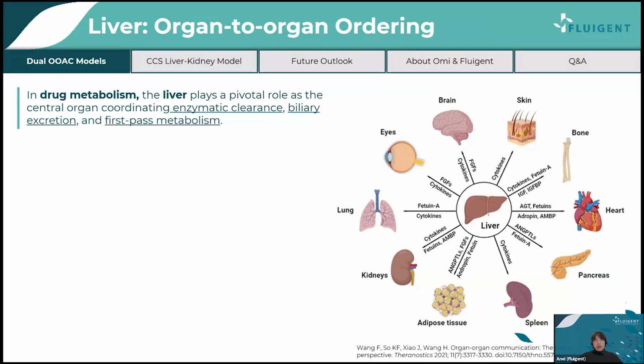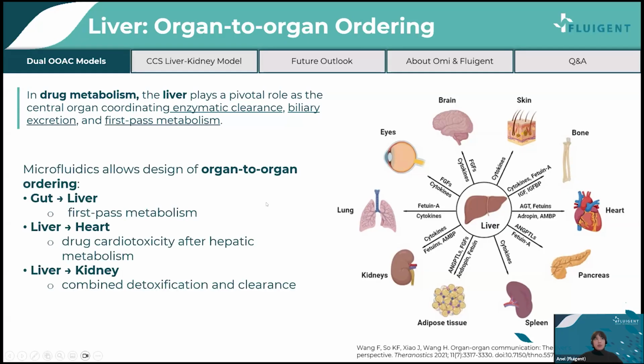This type of interorgan crosstalk can be designed at the microfluidics level to connect different types of organs, such as liver-gut, liver-heart, and liver-kidney, to study respectively first pass metabolism, cardiotoxicity, and renal clearance in different models.